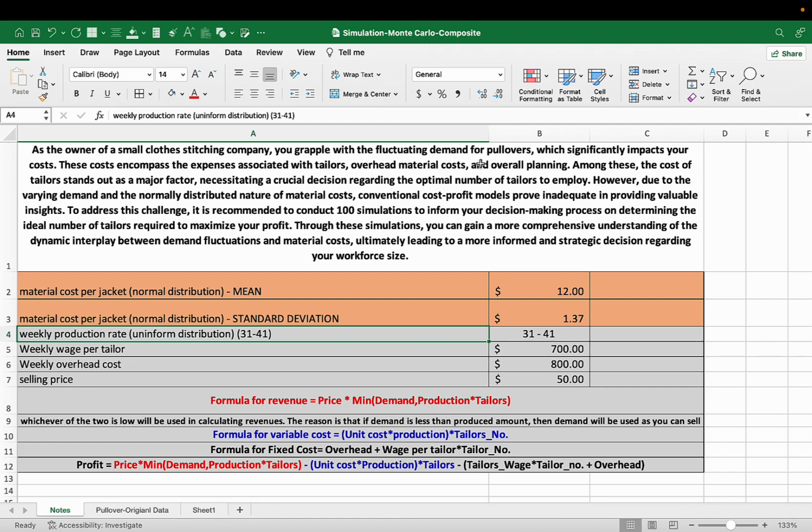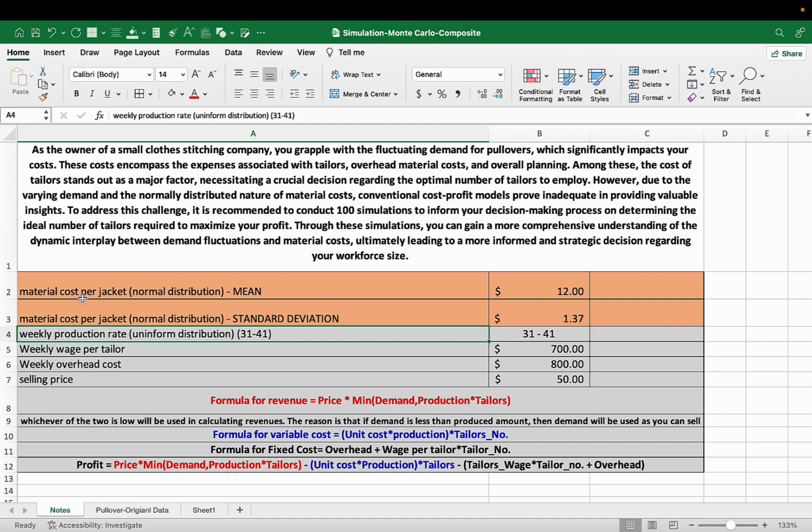So all these things are affected. Among these, the cost of tailors stands out as the major factor, necessitating a crucial decision regarding the optimal number of tailors to employ. However, due to the varying demand and the normally distributed nature of material cost, conventional cost-profit models prove inadequate, and therefore you have to do simulations.